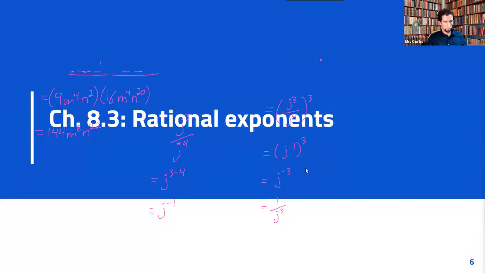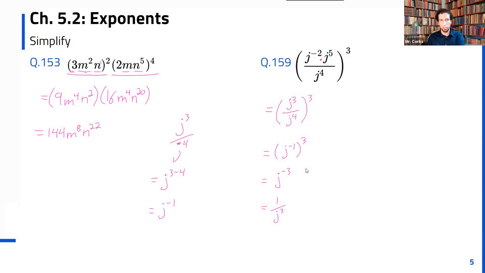Okay. Any questions about these ones? Okay, so lots of different exponent rules to remember, and they all get used a lot.